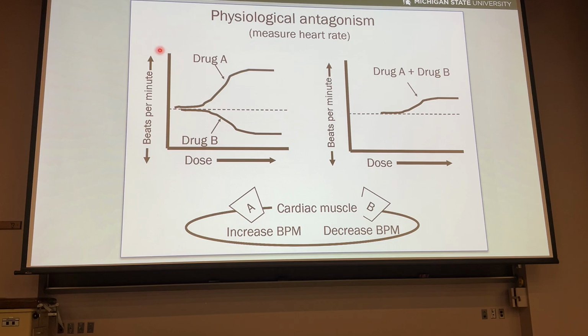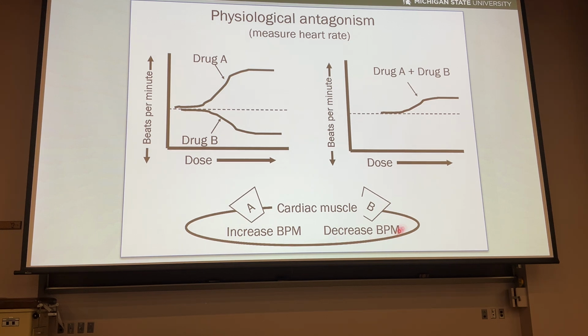We're plotting our beats per minute on the Y, as a function of the dose on the X. And as you can see here, the more of drug A you get, the more beats per minute you get. The more drug B you give, the fewer beats per minute you get. Put them in combination and you get some kind of sum total, okay?